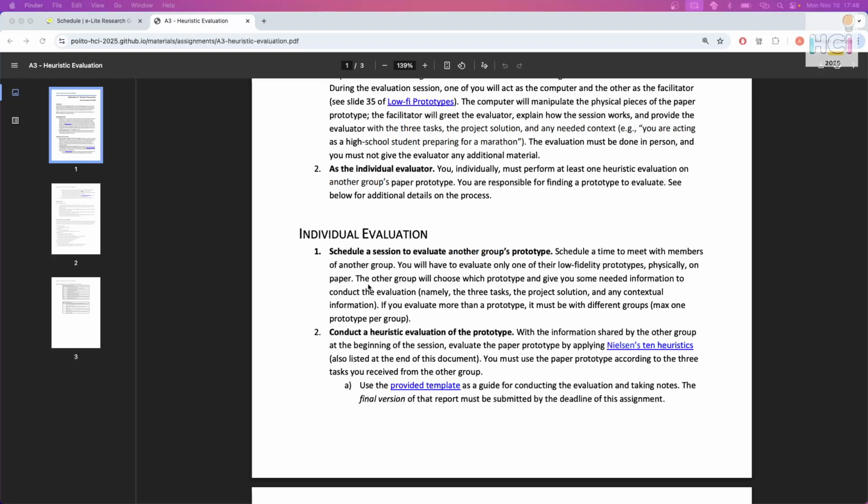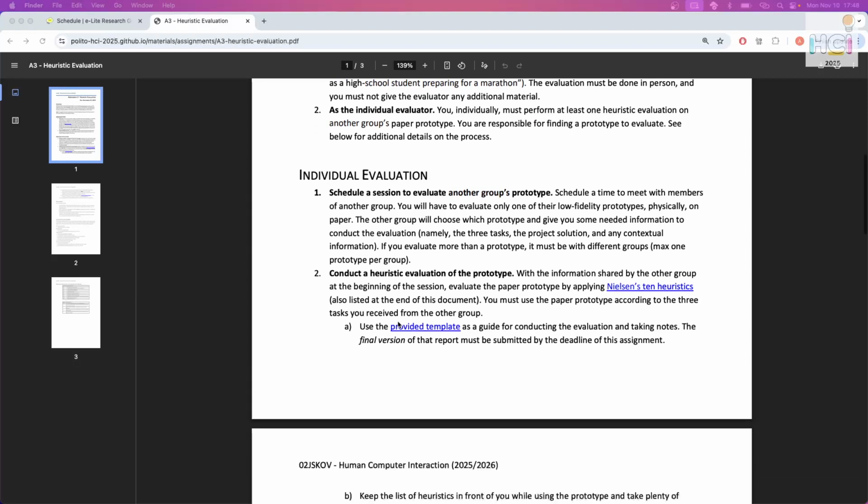So try to perform the 3 tasks one at a time on the prototype. You can, of course, have the heuristics in front of you. You can print them, you can use your tablet or your PC.